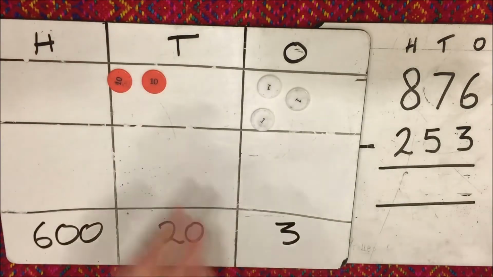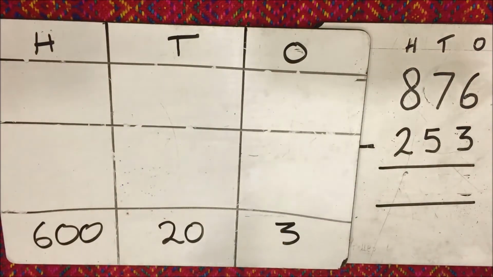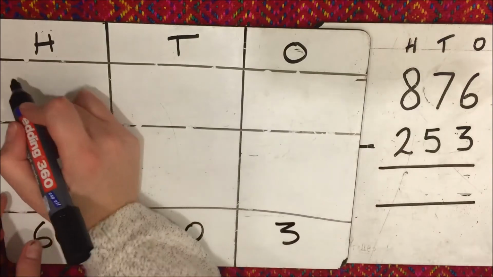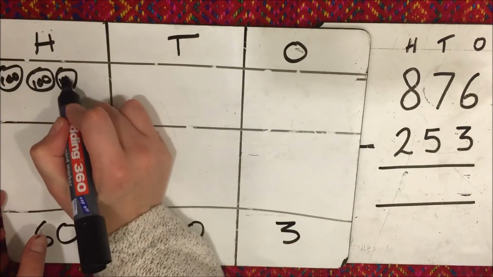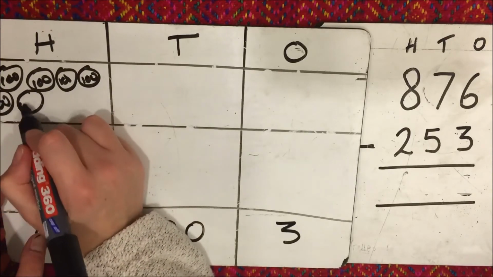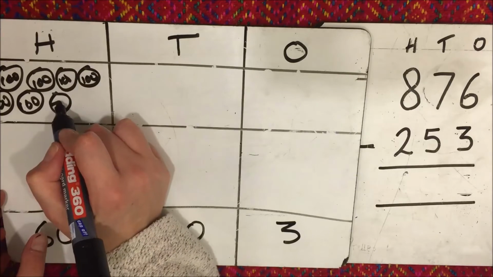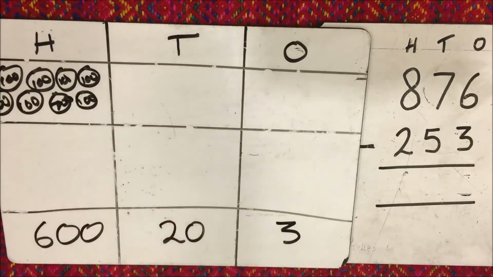Let's try and do that with a drawing. I can change the counters into a drawing, because I don't carry counters around with me to help me. So 876, 100, 200, 300, 400, 500, 600, 700, 800. My goodness, you're making me work hard today with all these numbers.